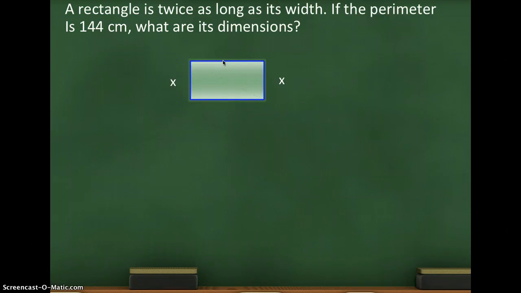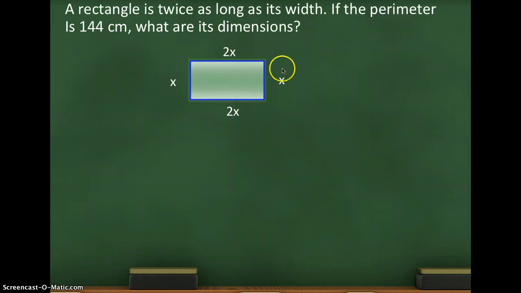So twice means double this value. So how do you represent double of this variable? That's correct, it's 2x. So 2x here, and because it's a rectangle, if this side here is 2x, that side opposite to this side should be also 2x.